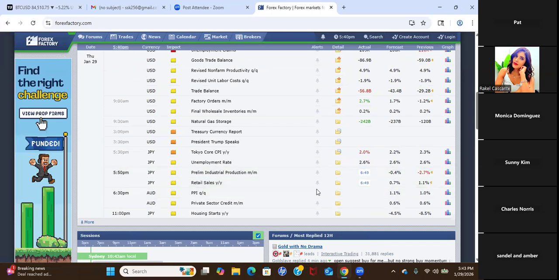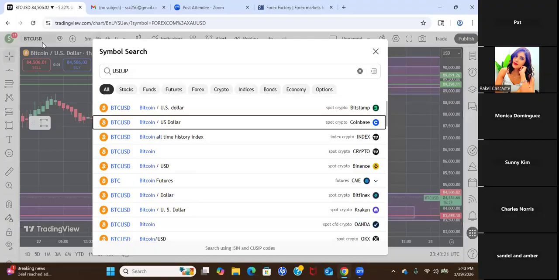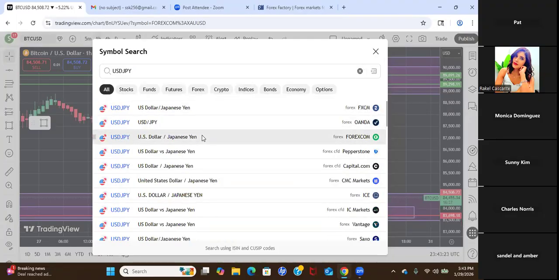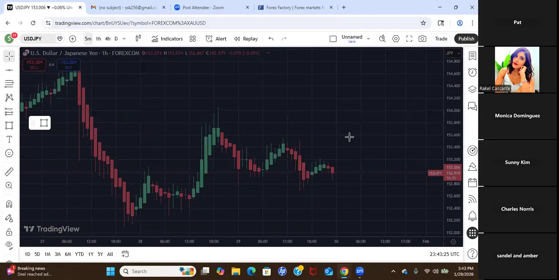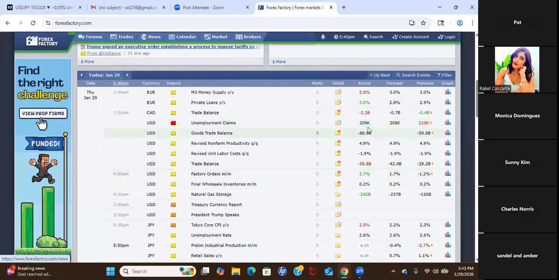So check this out. We're going to do a live example here. Japanese yen, USD JPY, and we're just going to watch it in about 6 minutes. Same thing: it goes for whatever pair you want to trade. I like the US because I can kind of guess what's going to happen. I like unemployment claims, based on all the job opportunities growing in the United States.